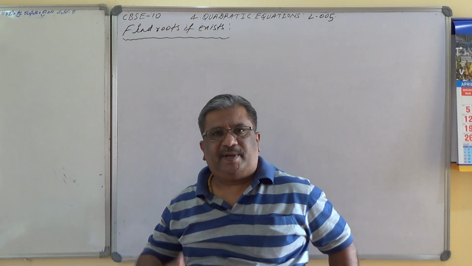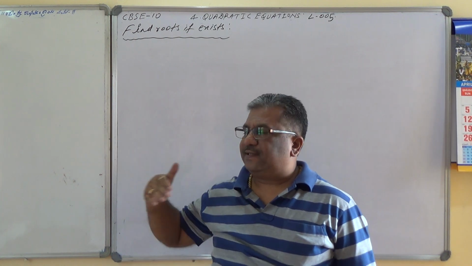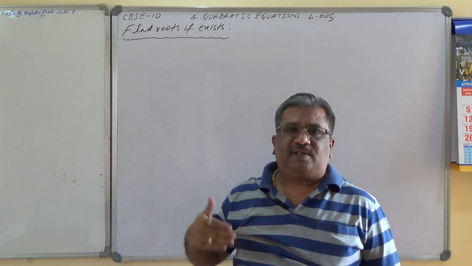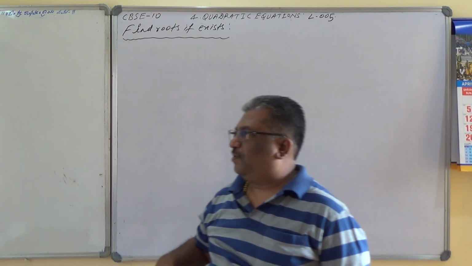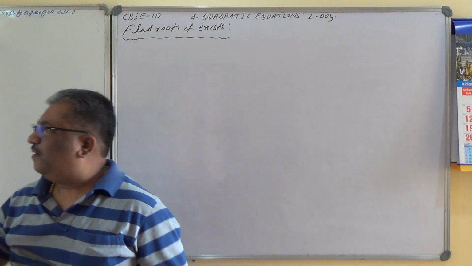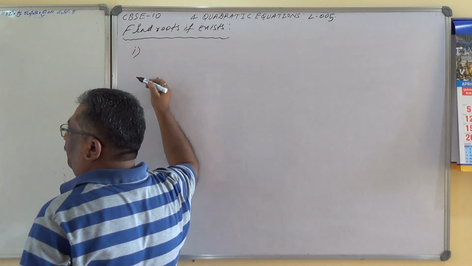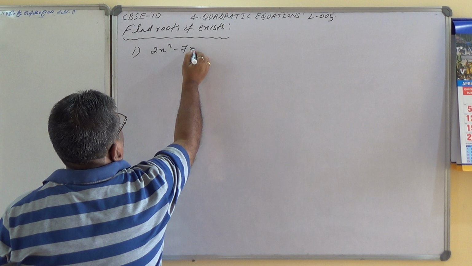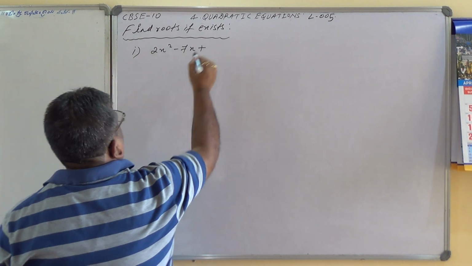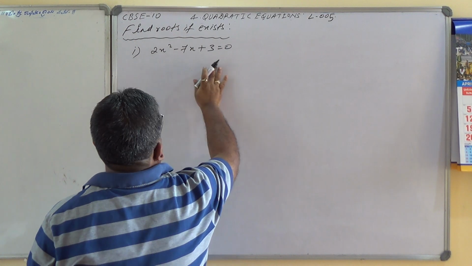As I said in my earlier class also, method of completing square numericals I will be taking and solving the same by applying the quadratic formula. Let me take up the first question here. Exercise 4.3 first question. 2x square minus 7x plus 3 equals 0.